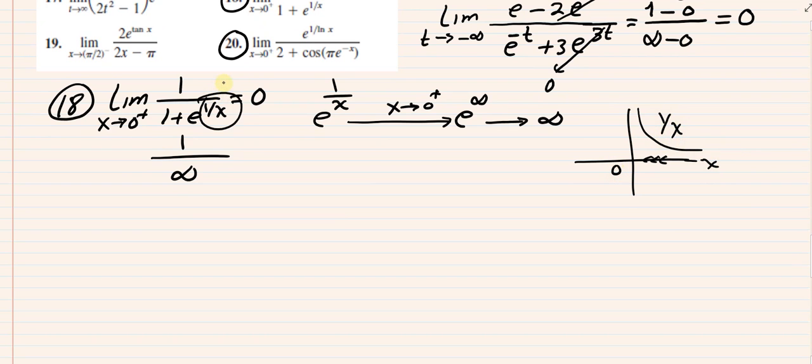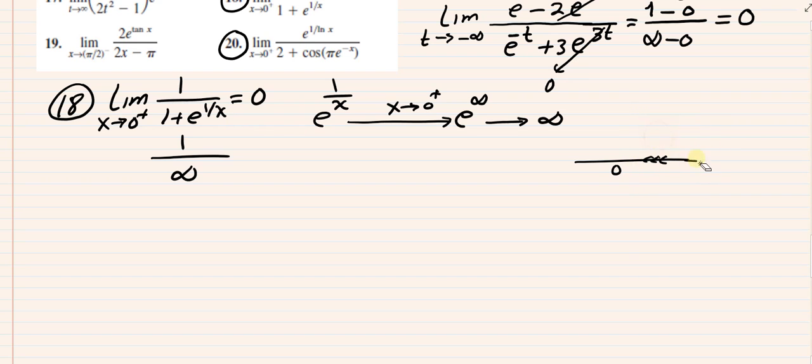That's to make sure the exponent actually has a valid value, because at 0, division by 0 is undefined. The function is undefined. That's why it's approaching 0 from the right. Okay, so that's number 18 for us.